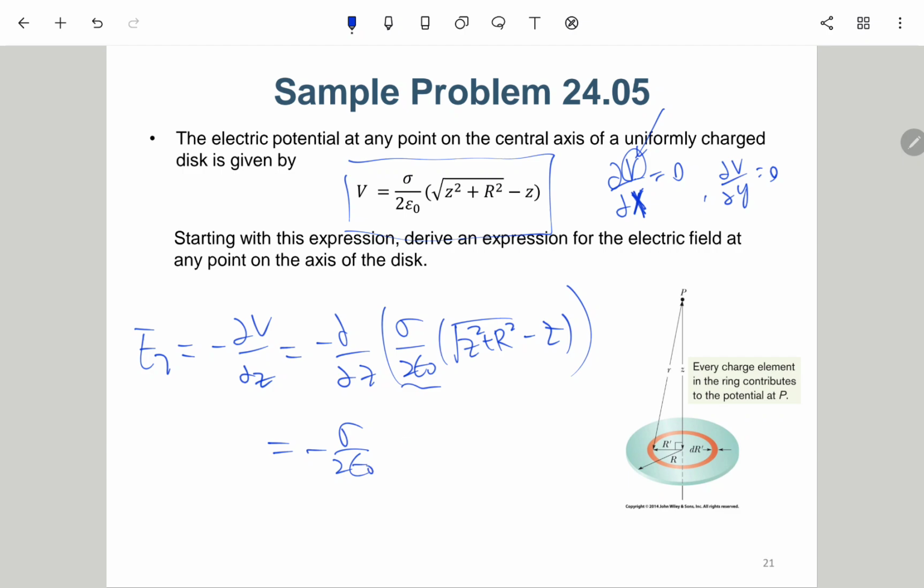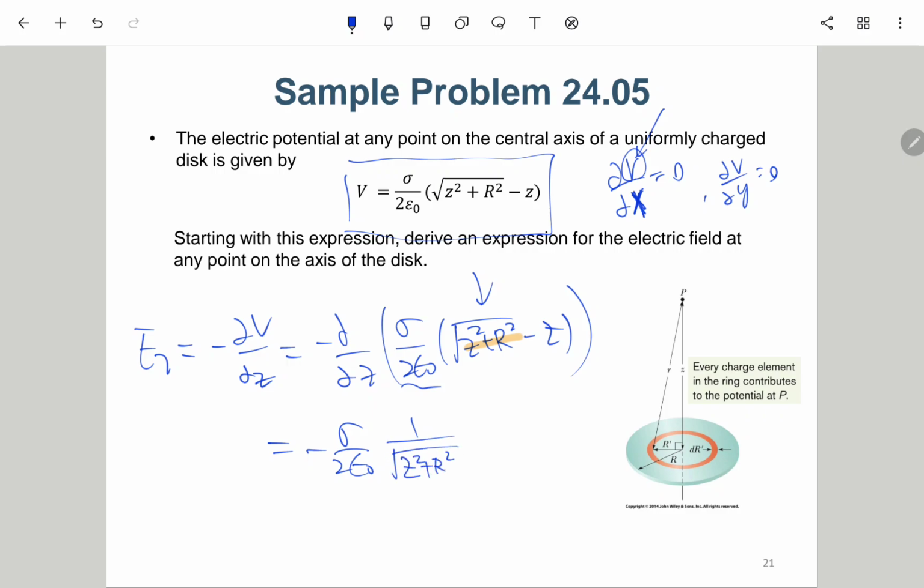Now we take the derivative of the first term. This is z squared plus R squared to the 1/2 power. Taking the derivative, it becomes 1 over the square root of z squared plus R squared.